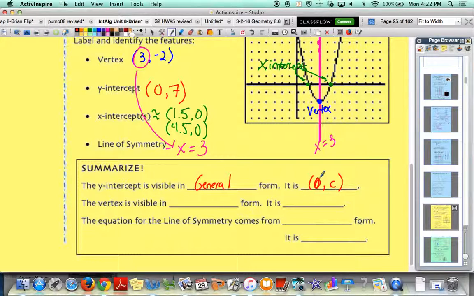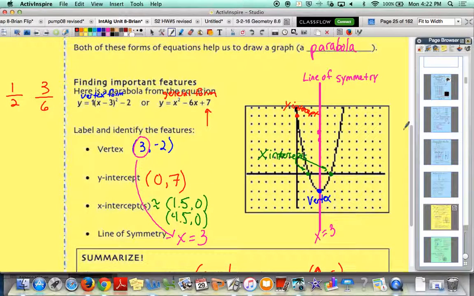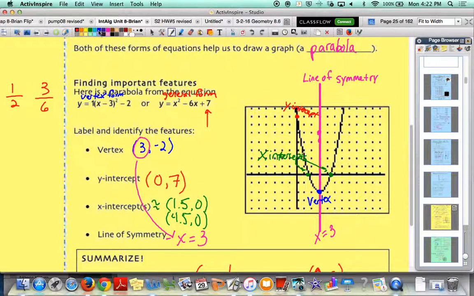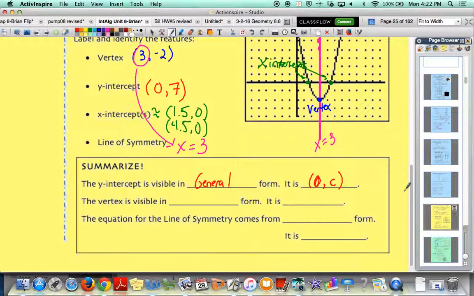The vertex is visible. Would you believe that you can see the vertex from the vertex form? Would you believe that the vertex would be hidden within the vertex form? It's true. The vertex is visible in the vertex form. And okay, I'm going to use some letters again, so don't freak out. The letters for the vertex will be H and K. All right?